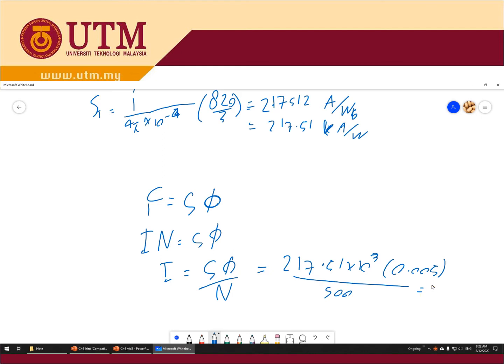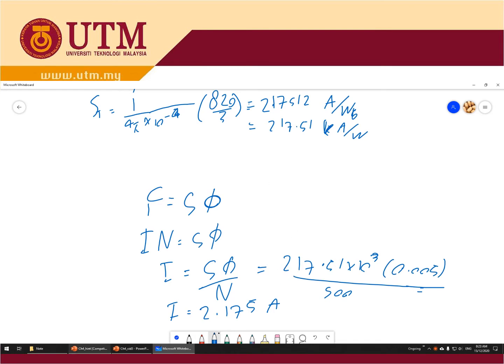So you use your calculator. The current needed to produce this flux is 2.175 ampere. That is the amount of current needed to produce this flux in this magnetic circuit.